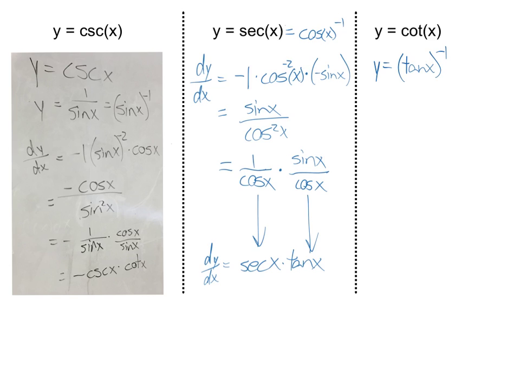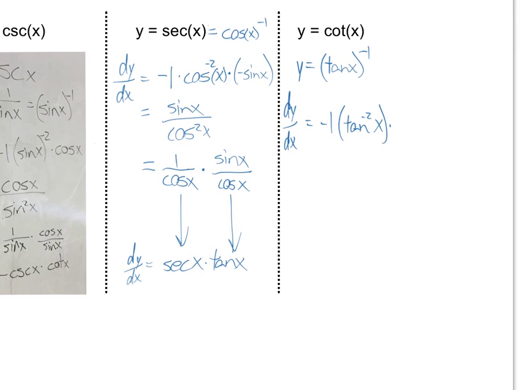Since we just found what tangent was, we could go ahead and use that here. Again, you're not expected to know it, but I could do it. dy dx is negative 1 times tangent to the negative 2 times the derivative of tangent. Well, if you look on the back on the last page there, what's the derivative of tangent? Secant squared. Wait, how did that happen? From the last slide.